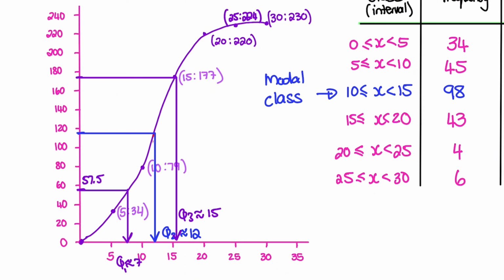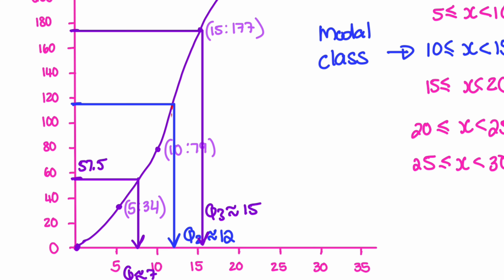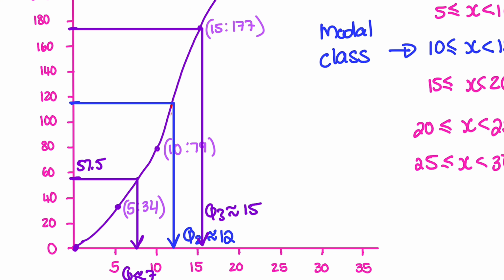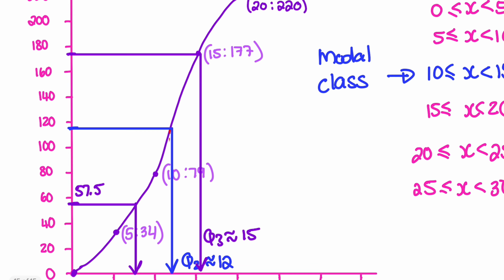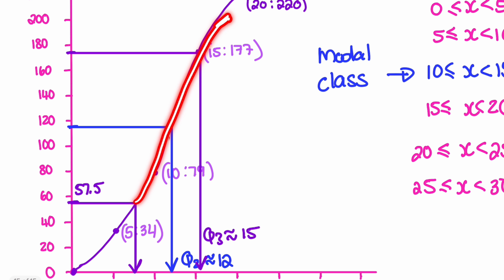The other thing that I want you to notice is that quartile 1, this value of 7, so between 0 and 7, 25% of the data would be less than the value of quartile 1. That means that 75% of the results are higher than quartile 1.